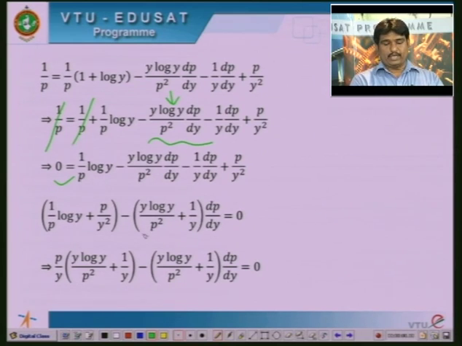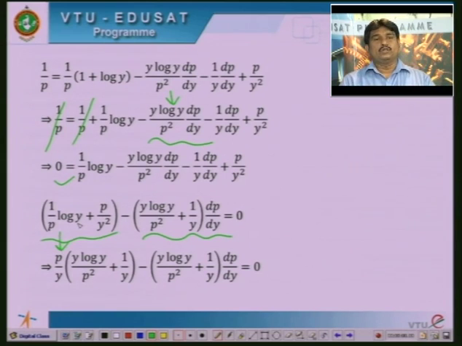Now group: collect the dp by dy terms, and write the other terms as they are. To get a common factor, take p by y common here. When you take p by y common, it becomes y log y by p square plus 1 by y minus the second term as it is, y log y by p square plus 1 by y into dp by dy equals 0.